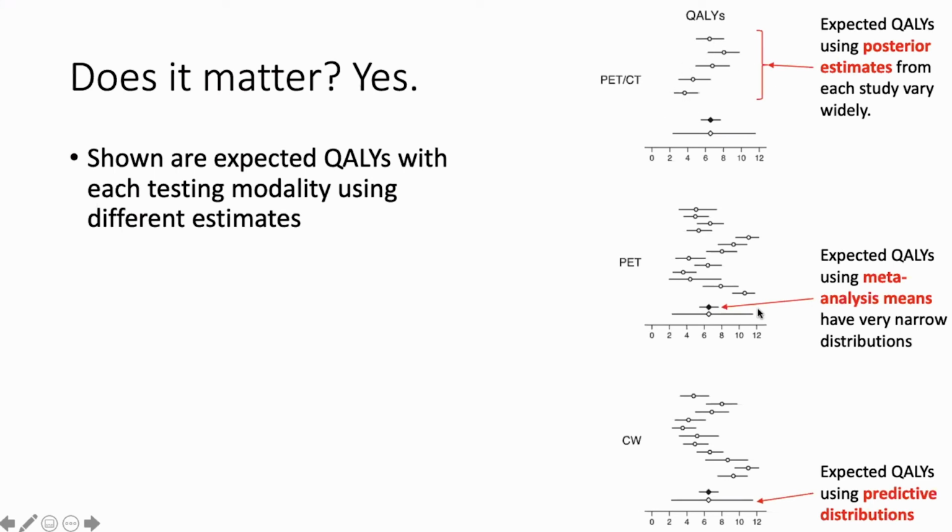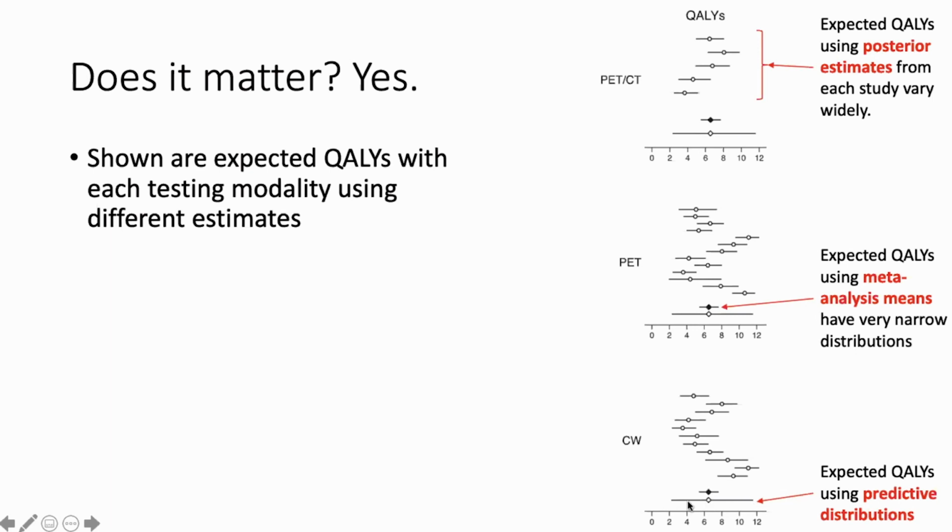If we were to use the meta-analysis mean, we would get these tight credible intervals and that diamond. And if we were to say that our decisional setting is unlike any of the decisional settings in these studies, and we just want to assume that it's going to be similar to the studies that we have in front of us, then we would take the predictive distribution of these meta-analyses.